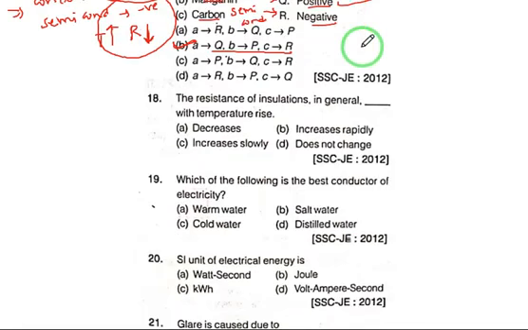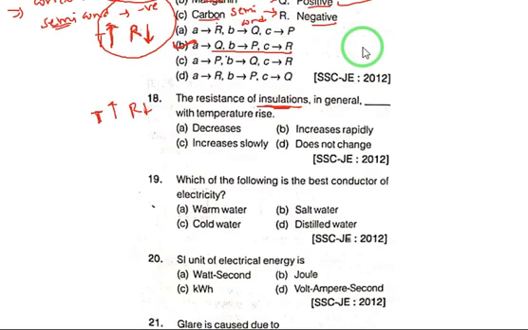Next one, the resistance of insulation in general with temperature rise. We know that an insulator behaves like a semiconductor. So if temperature increases, resistance will decrease. In the previous case, what happens in case of a semiconductor? If temperature increases, resistance will decrease.